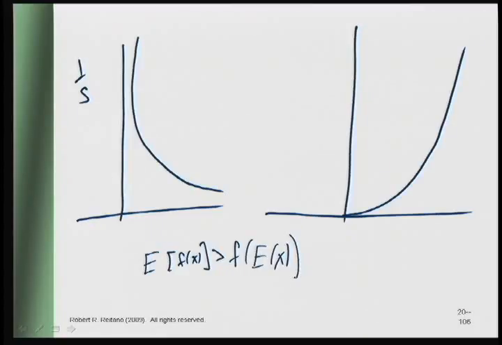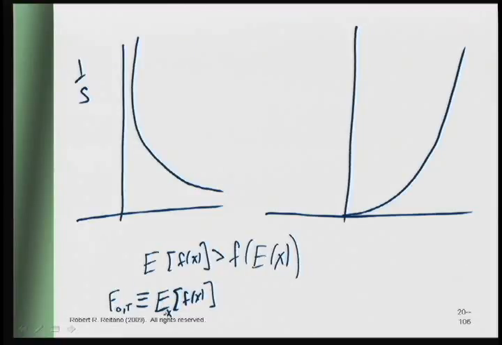Well, this is exactly what we saw, because the forward value was equal to the expected value of this function under the risk-neutral measure.